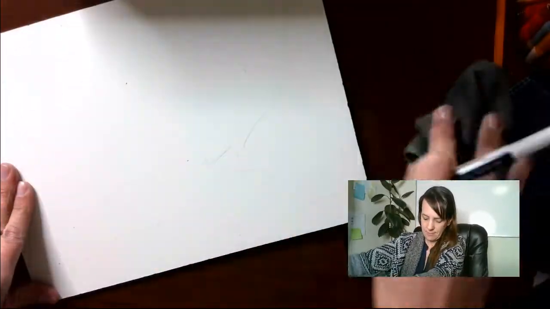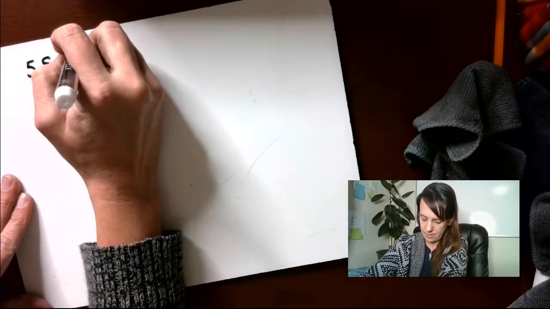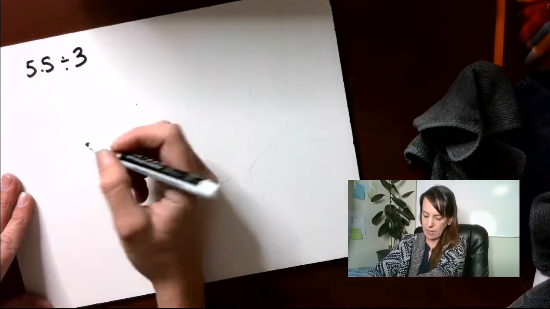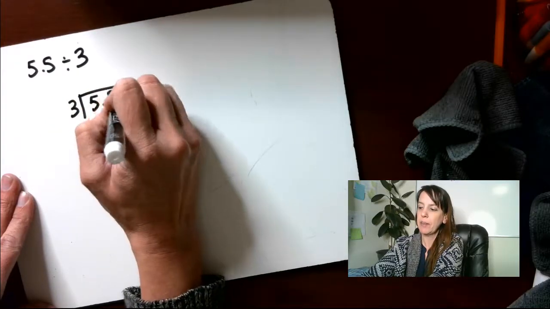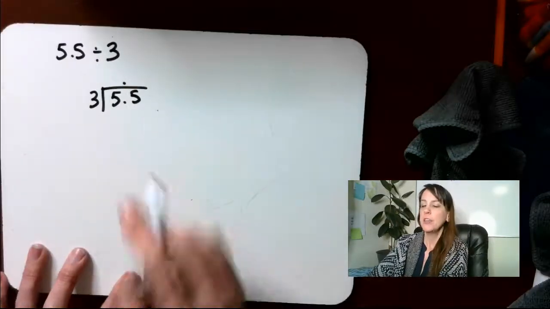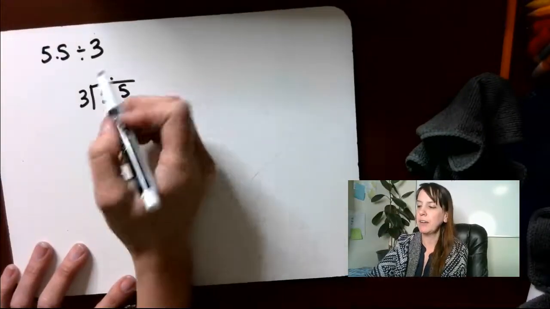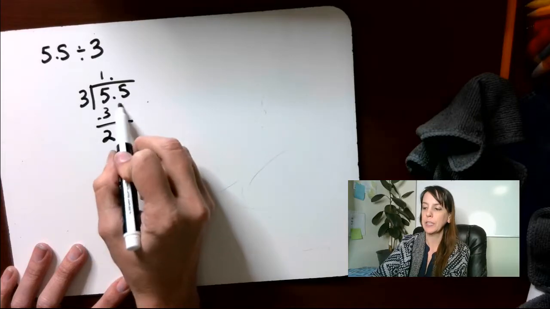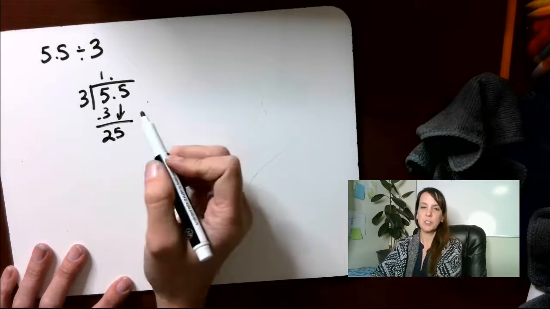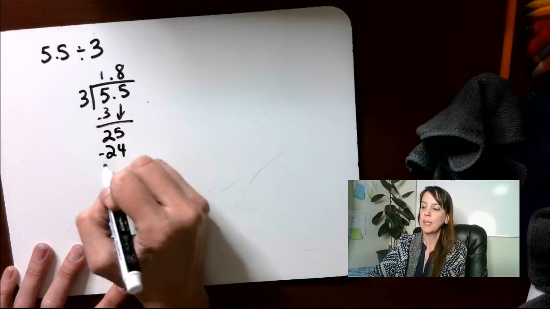D, divide 5.5 by 3 and round that to 3 decimal places. So 5.5, I'm gonna put a 5 right there. 3 goes into 5 1 time, that gives me 2, bring down that 5. 3 goes into 25 8 times, 8 times 3 is 24, that gives me a 1.